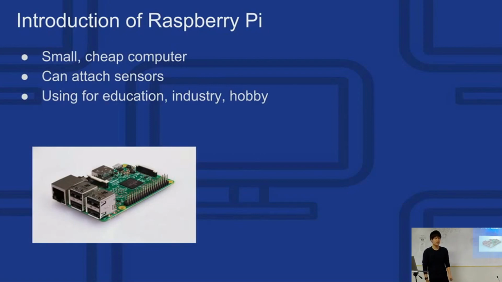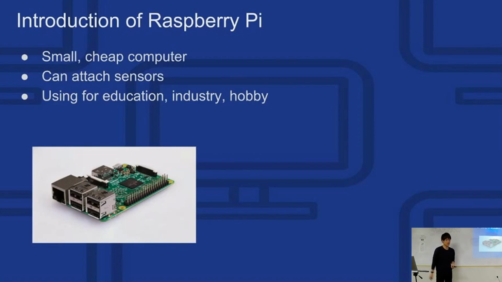You can buy various models which have different specs such as CPU and memory, and price. The highest model is about 5,000 yen, and the cheapest model is about 1,000 yen. So it's very cheap.